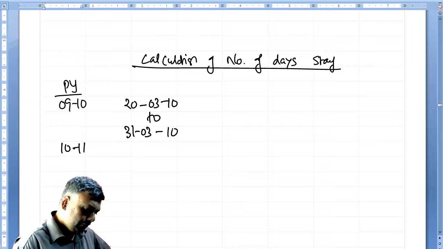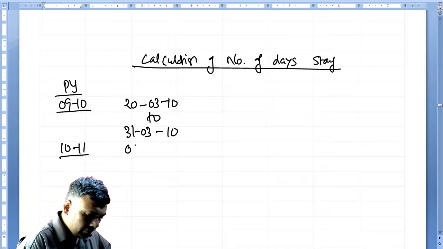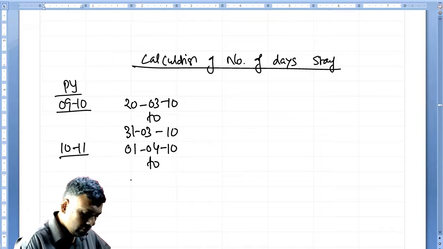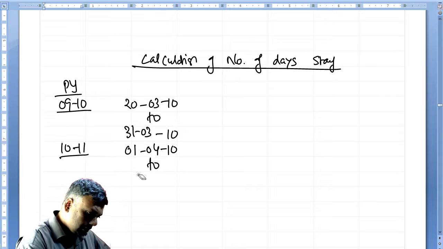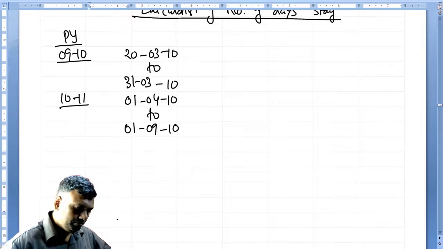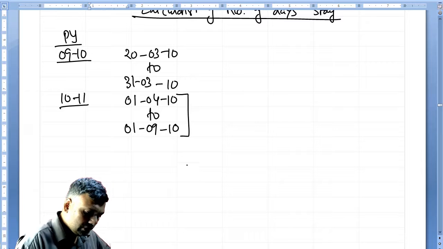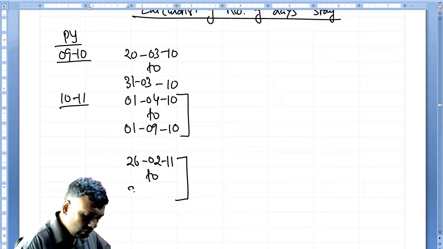Okay. And for 2011, he has got a stay from 1st April 2010 to 1st September 2010. That is visit number 1. And the second visit is 26 February 2011 to 31st of March 2011.